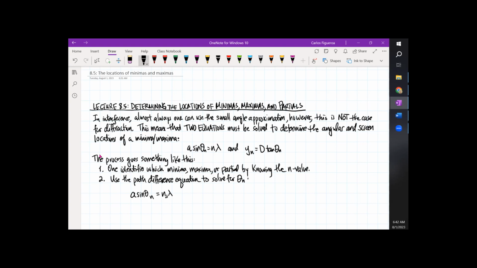You typically know the diffraction parameter, so this allows you now to isolate theta. And this gives you sine inverse of n lambda over a. And then this guy right here, this is now the angular location of the minimum, maxima, or the partial.